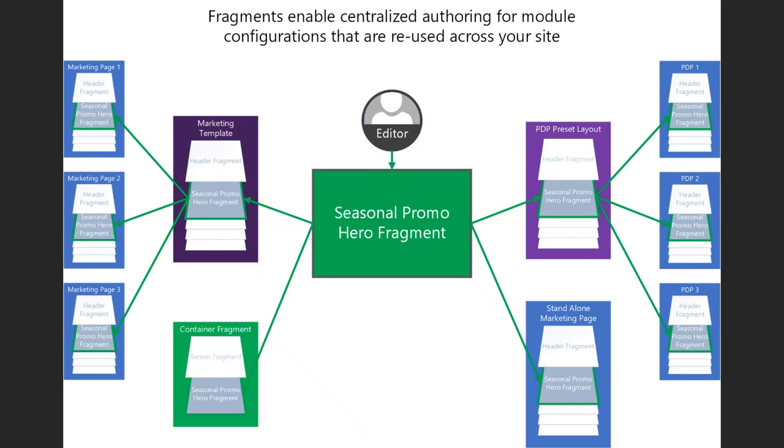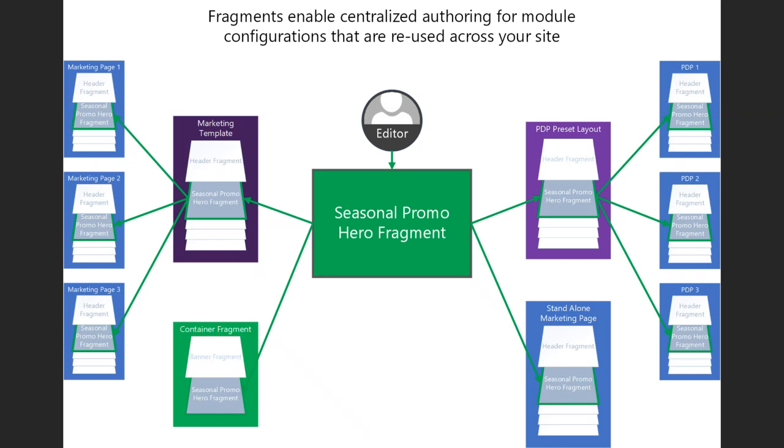So if we have a container module, you can put a fragment into a container module. You can put fragments into layouts. This is currently one way to put actual localized content into a template or into a layout. Probably the easiest example of this would be a site header.